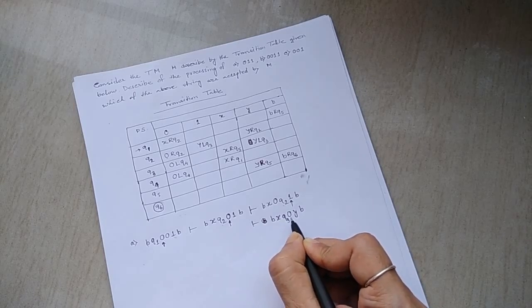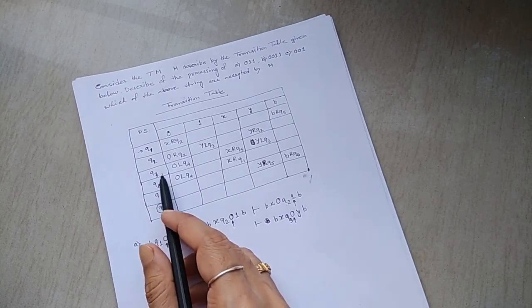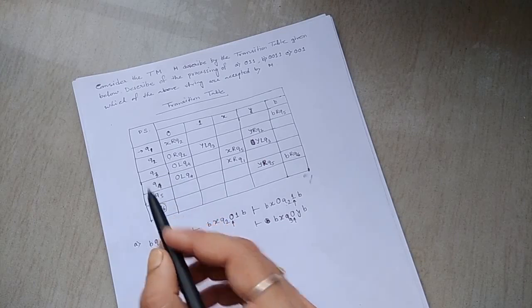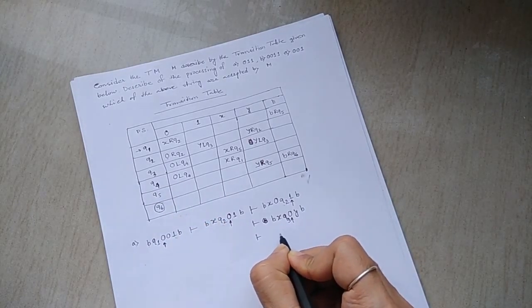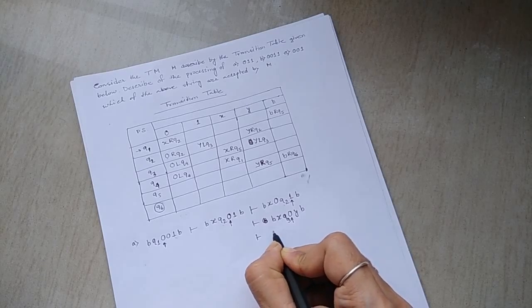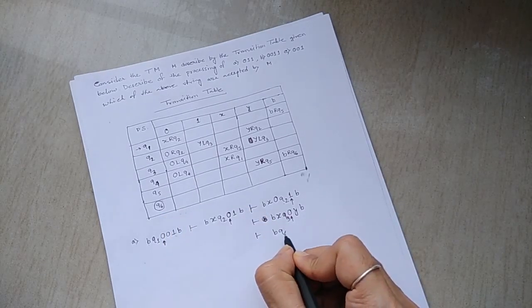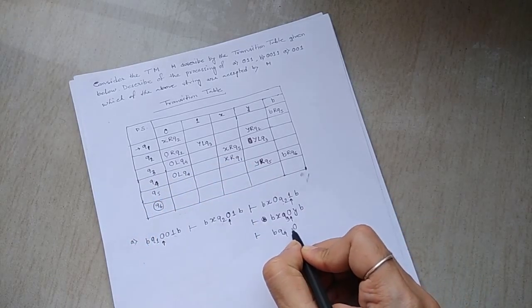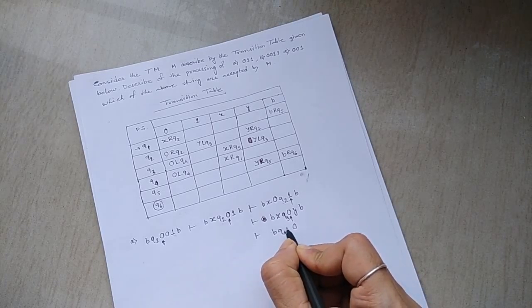So now it will read this 0 at Q3. At Q3, 0 will be overwritten by 0 and we move towards the left. So the head comes to this position and the state changes to Q4. After writing 0 over 0, it moves towards the left side, changes to Q4 and comes to this location.